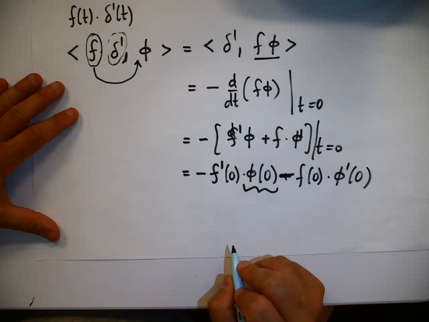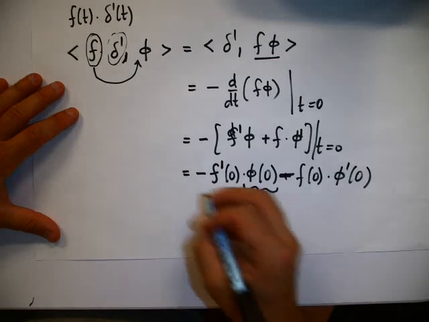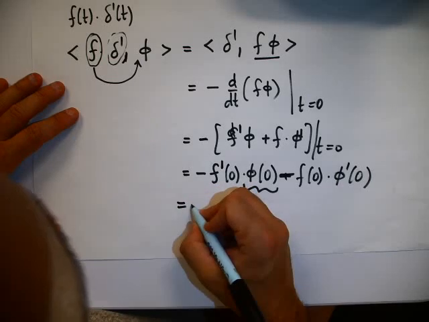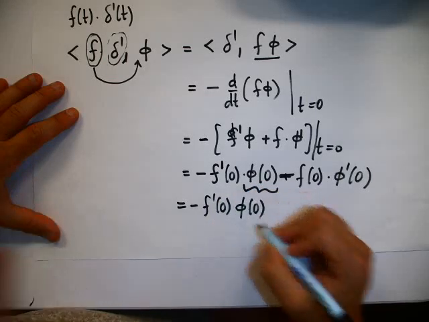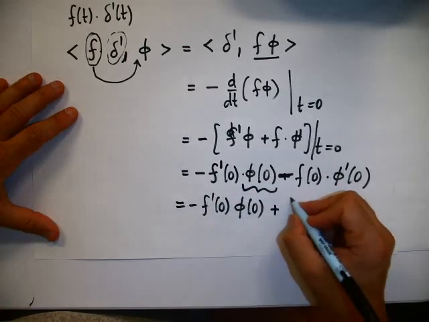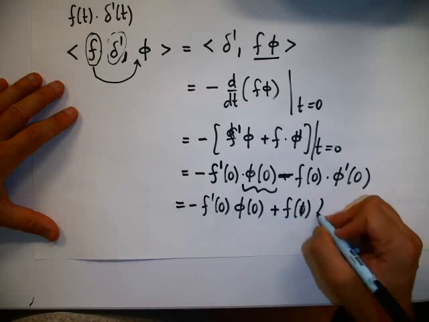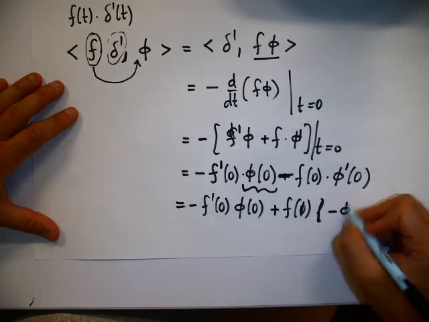Let me write this as minus f prime(0) phi(0) plus f(0), which multiplies minus phi prime(0).